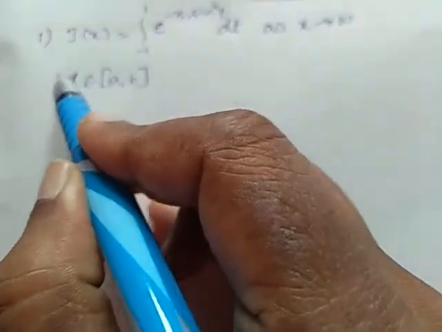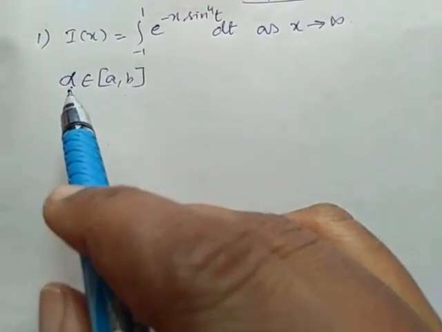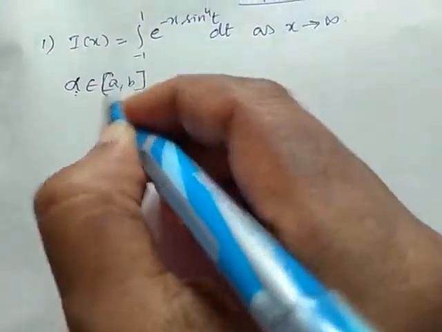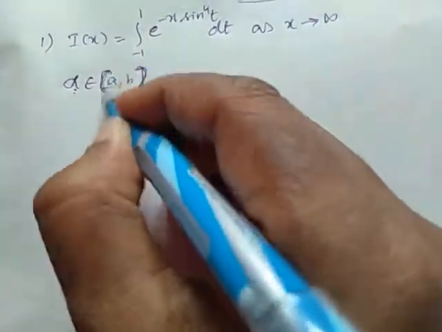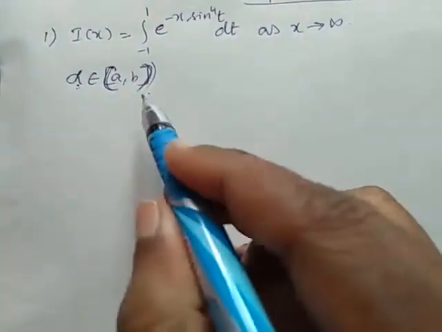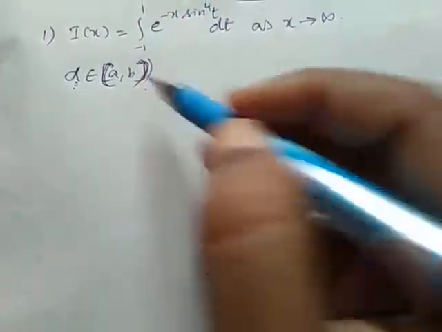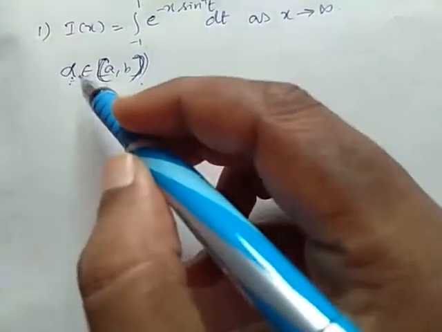So the maximum value for the given function is at alpha, and this alpha lies in the open interval (a, b). It means alpha lies between these values, so alpha may lie between -1 and 1. This is the first case.